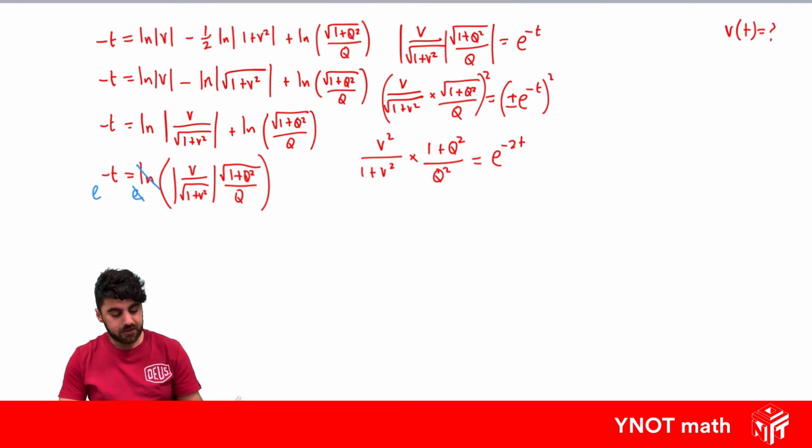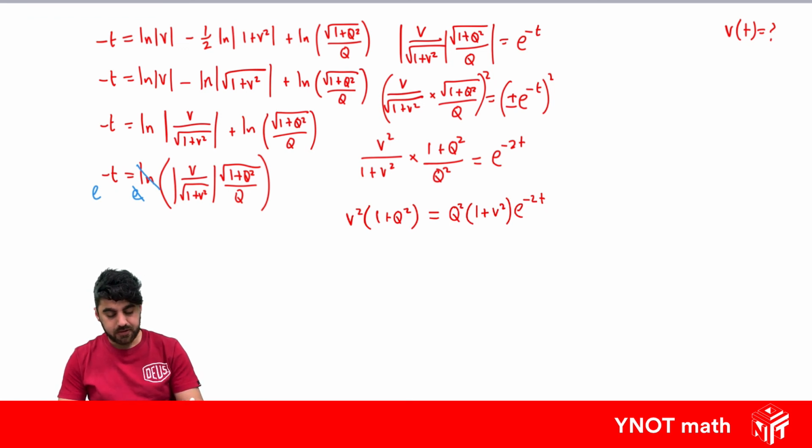Let's multiply both sides by this whole denominator. So we're left with v squared outside of 1 plus q squared, so that numerator on the left hand side, equals q squared times 1 plus v squared times e to the minus 2t.